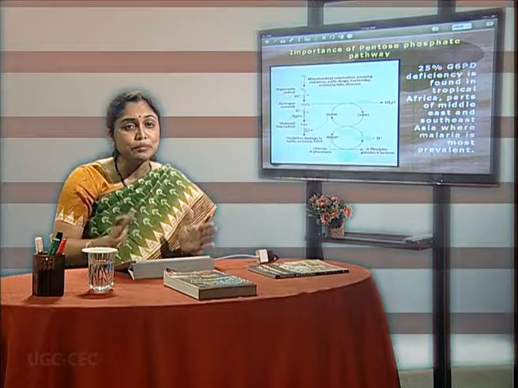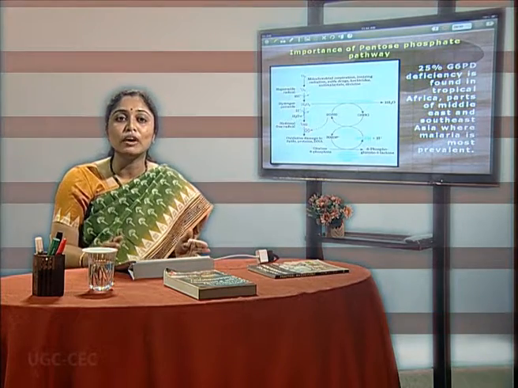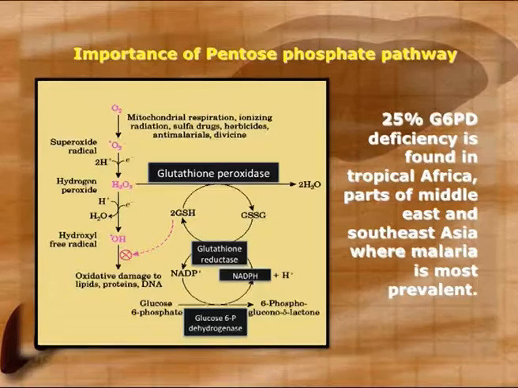Now the NADPH molecules formed are also very important for the dismutation of reactive oxygen species. Tissues which are in direct contact with air or oxygen very quickly develop reactive oxygen species. Like oxygen, very quickly after accepting an electron, it is converted to superoxide radical that after combining with H plus ions forms H2O2.